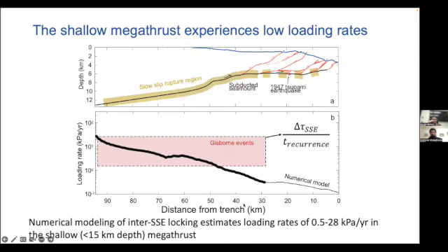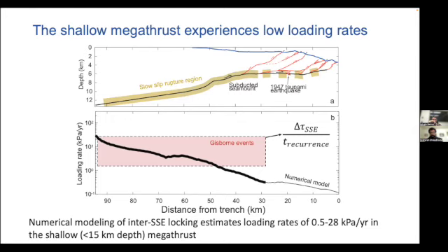So when we do that, these are the results that we get. The top plot is simply a cartoon just to have a frame of reference of the shallow plate interface. And this bottom plot shows the results from our pilot model. So overall, the model is predicting pretty low loading rates, about half a kPa near the trench, all the way up to maybe 28 kilopascals per year at a depth of about 14 kilometers.